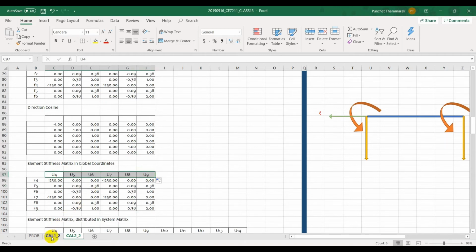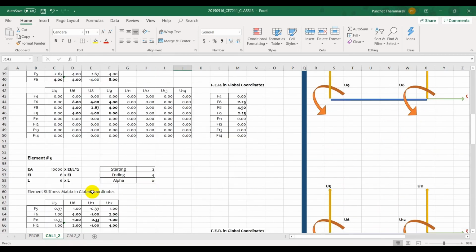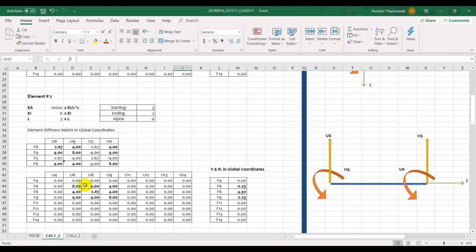Unlike the case before, where you have 8, 9, 5, 6, because the starting node turns out to be number 3 and the ending node is number 2.